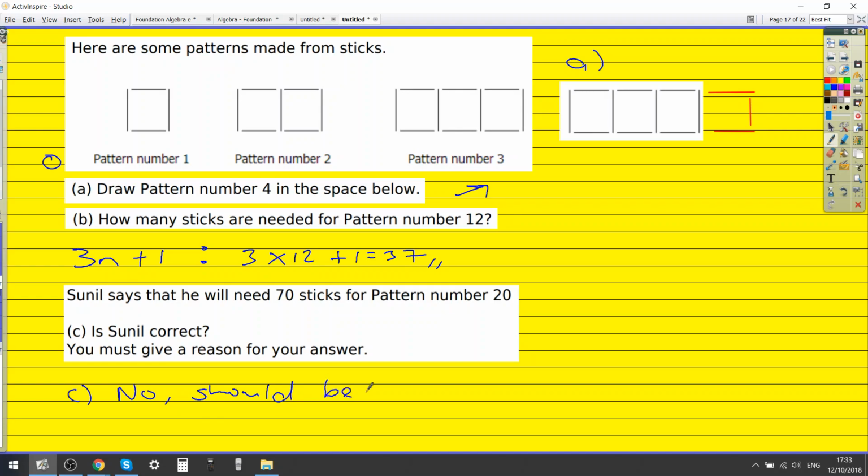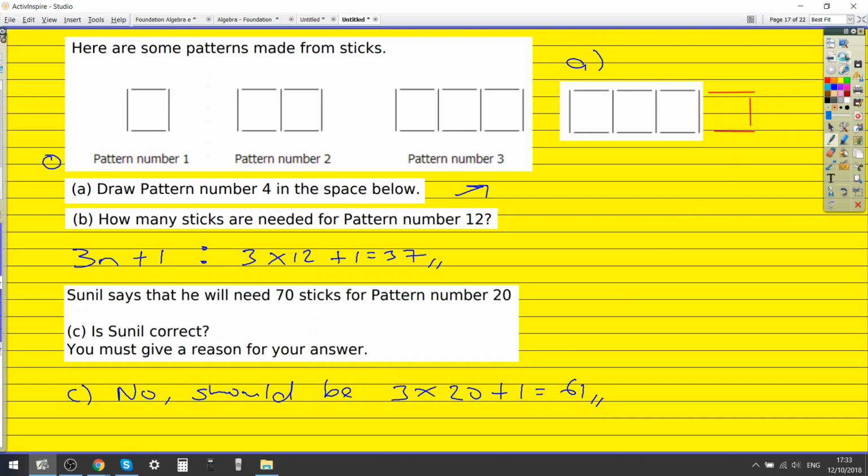Do you want me to work it out for you? Yeah, I think that's the easiest way. Alright, so 3 times 20 plus 1, so it's 61. I think that's the easiest way. Instead of a big long explanation, just work out what the right answer would be. So he's wrong. It should be 61 sticks.